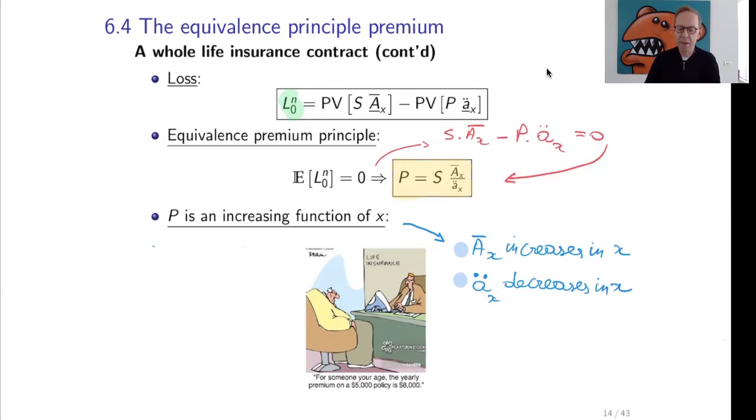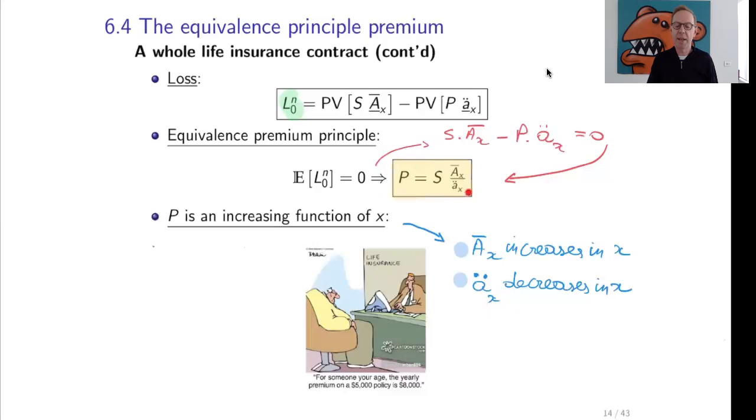On the other hand, ä_x decreases in x. Why is that? You get a lifelong pension. The older you are, the closer you are to your moment of death, and the less will be the actuarial value of all the payments. So Ā_x is increasing in x and ä_x is decreasing in x.